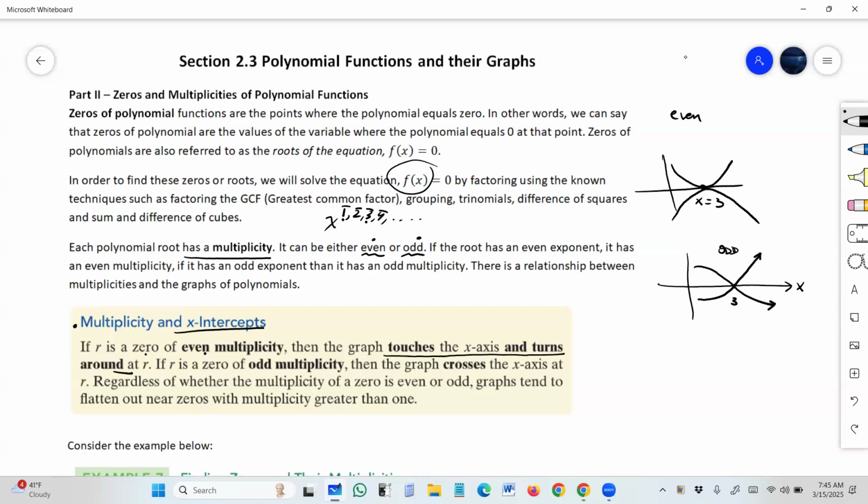So finding the roots and then determining the multiplicity helps us to determine the behavior of the polynomial at the particular root. And the multiplicity is always going to be 1 or greater because it's associated with the exponent on that root. Okay? So to find the root, we'll solve this equation.